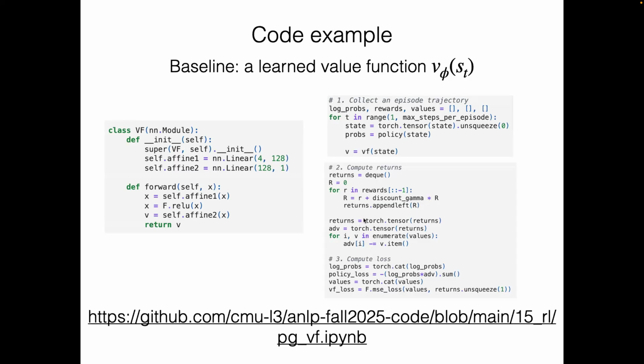So that's basically the formula that I showed you before in the slides. Then you could ask, how do you train the value function? Well, here it's pretty simple. You have the true returns that you observed, and then you have the predicted values, and you could use the mean squared error between the two things.